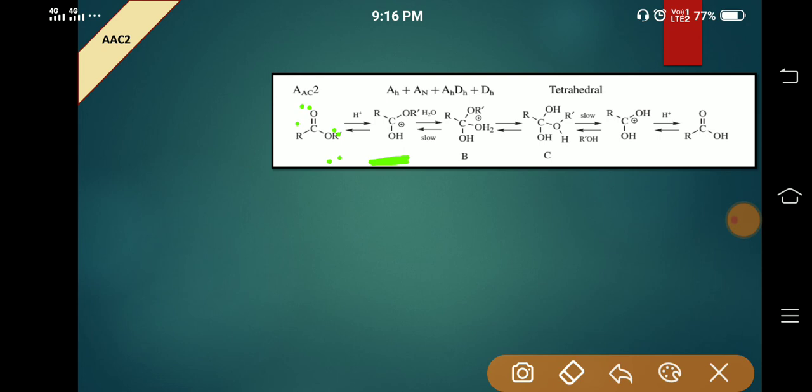Okay, now that carbocation, second step is AN, that is association of nucleophile, which leads to the attack of nucleophile at the carbonyl carbon to generate here the tetrahedral intermediate. Okay, here we can see carbon having sp2 hybridization in both the cases, whereas in B carbon has sp3 hybridization, that is here is a generation of tetrahedral intermediate.